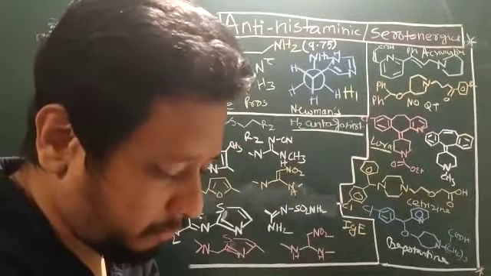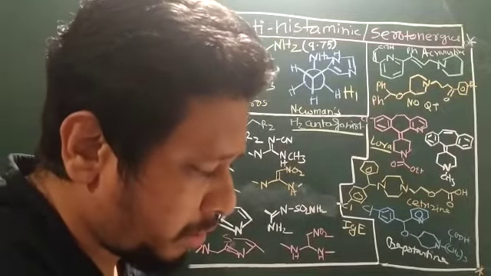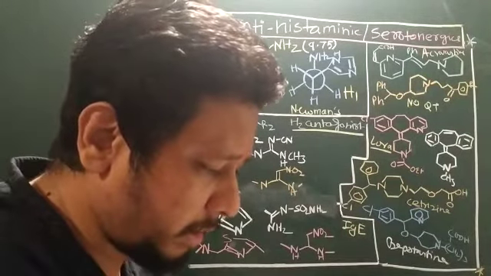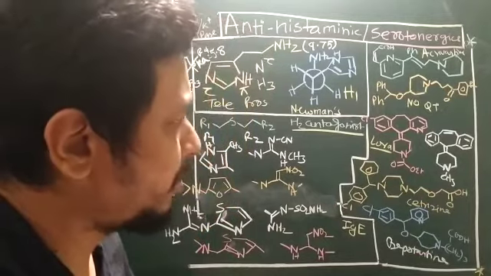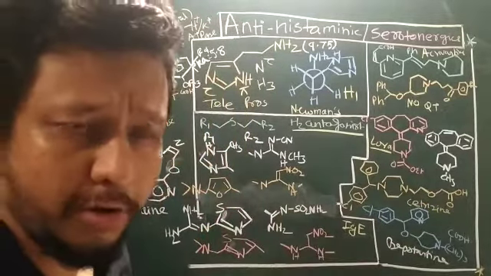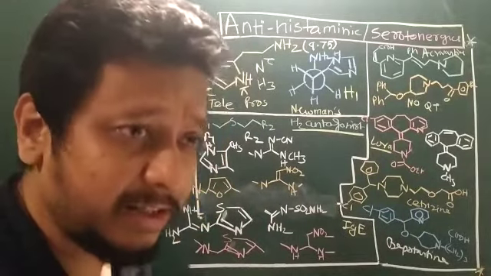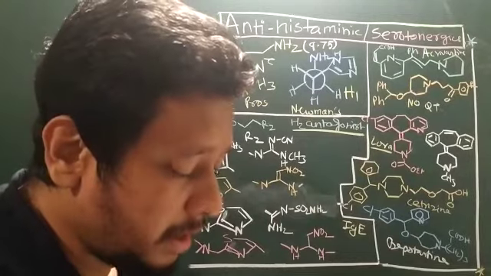Okay. Then after that you have loratadine, which is also used for rhinitis, hives and hay fever. Okay, but it can cross the blood-brain barrier, and once upon a time it was combined with pseudoephedrine, but now pseudoephedrine is banned. Okay, and why it is banned we'll discuss in our antihypertensive agents class.